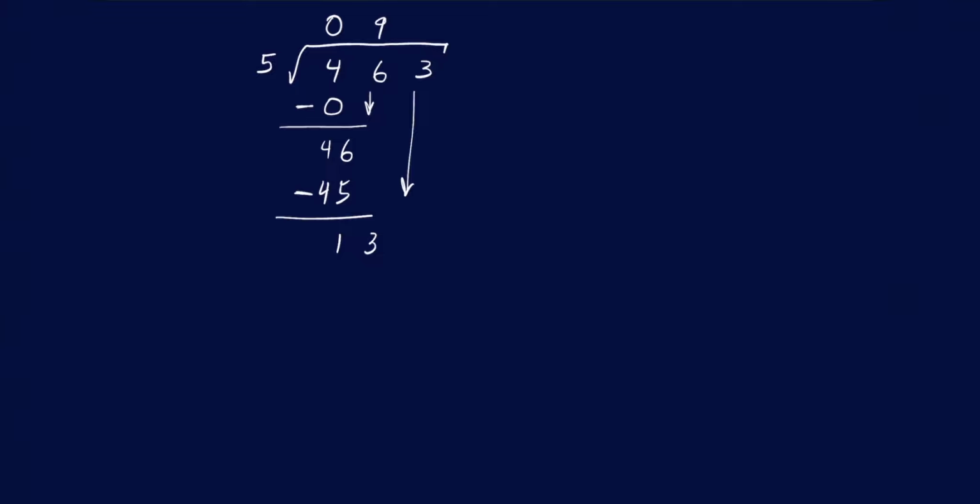Now, just like we did previously, we're going to repeat it: how many times does 5 go into 13? The answer is 2 times, because 5 times 2 is 10, but 5 times 3 is 15. So 5 only goes into 13 2 times.